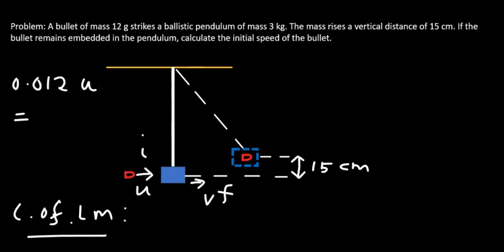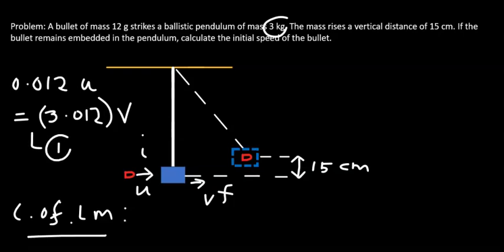As soon as the impact occurs, the bullet and the mass become one system. So the total mass is 12 gram plus 3 kg, that's going to be 3.012 kg. And the speed after the impact is v, which we also don't know. But we can figure that out. So let's call this equation 1.